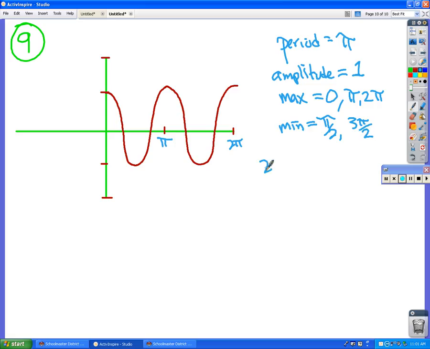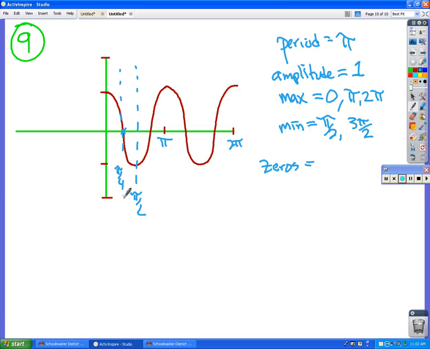And then the zeros. This is the same thing I was explaining to Andy before. To find this minimum, we said this is pi, so the minimum is going to be halfway between those, which is pi over 2. And the 0 right here is halfway in between those, which is pi over 4.